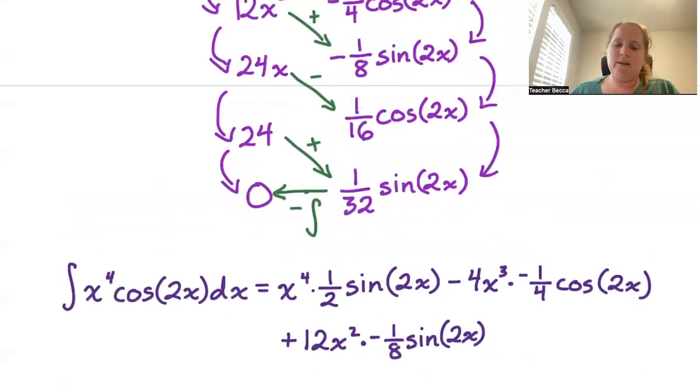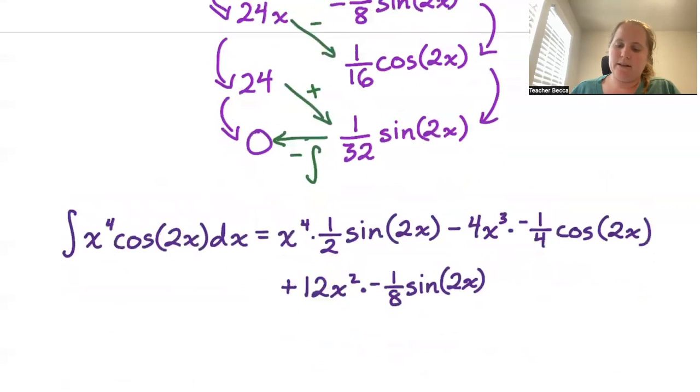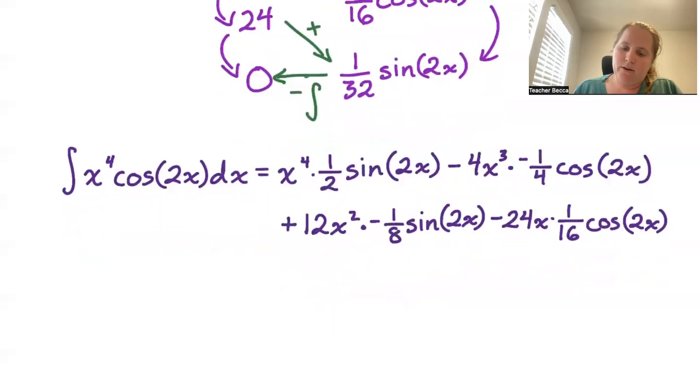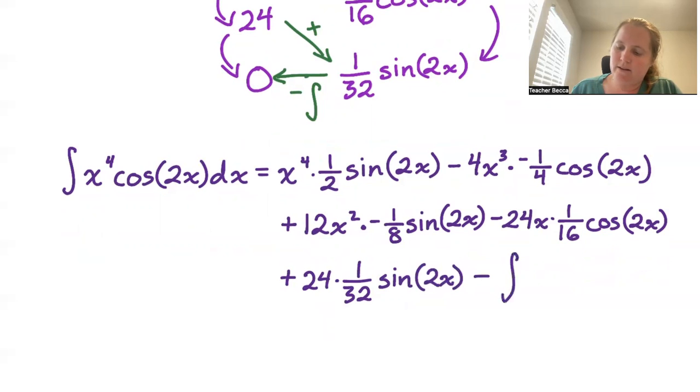The fourth diagonal, we are subtracting 24x times 1/16 cosine of 2x. Fifth diagonal, we are adding 24 times 1/32 sine of 2x. And then we are subtracting the integral of 0 dx, essentially.